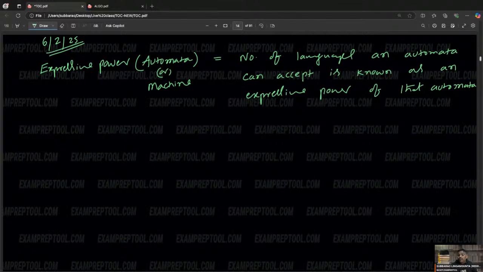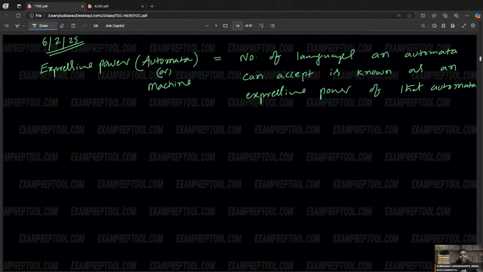The number of languages an automata can accept, can recognize, is known as the expressive power of that automata. How many languages you can speak is your expressive power. How many languages I can speak is mine.